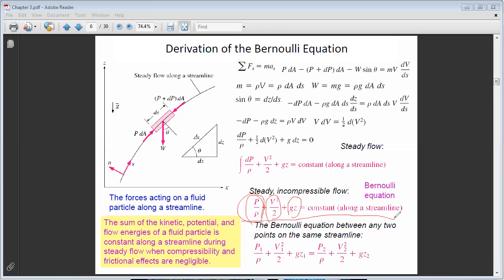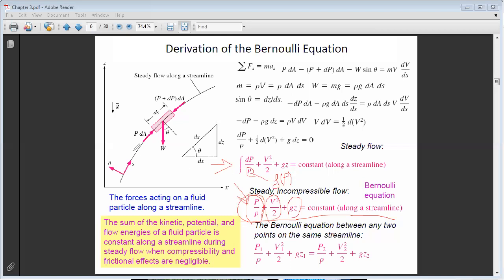Now, in case it's compressible, you can still apply this, but you should know rho as a function of P. If you have a compressible fluid, you should be able to get rho as a function of P. Then you can proceed and integrate this function. The simplified form is used in case you have an incompressible fluid.